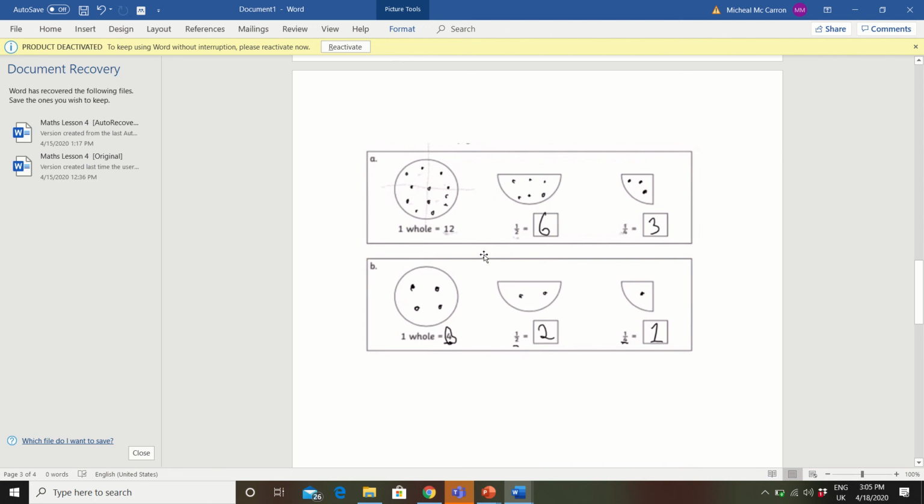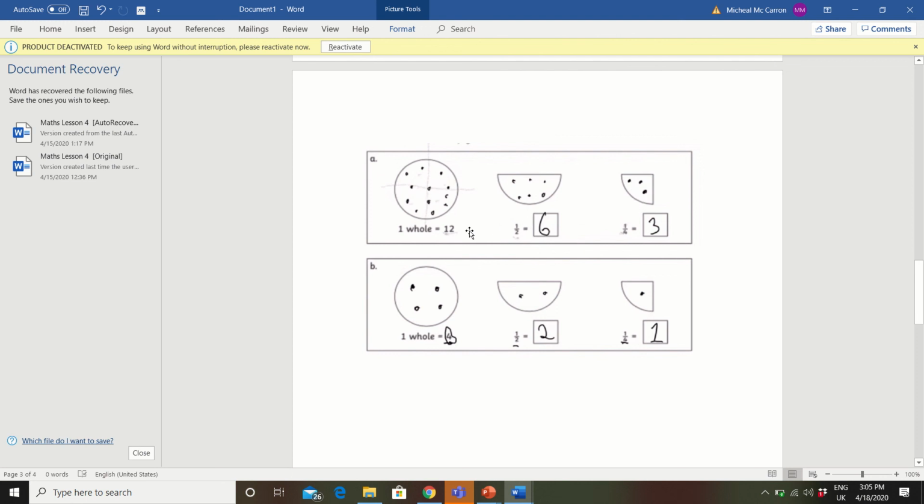If I count the dots, I have 1, 2, 3, 4, 5, 6 dots in the bottom. So 1/2 equals 6. And I draw another line down, then I've got 4 quarters. In 1 quarter, I have 1, 2, 3 dots.